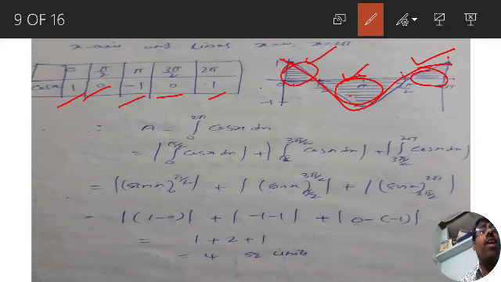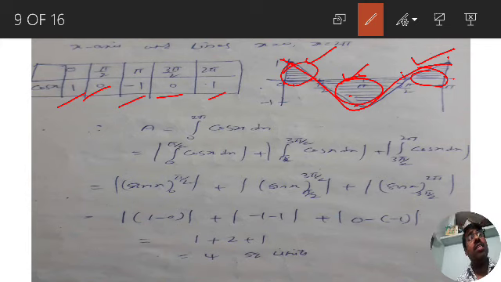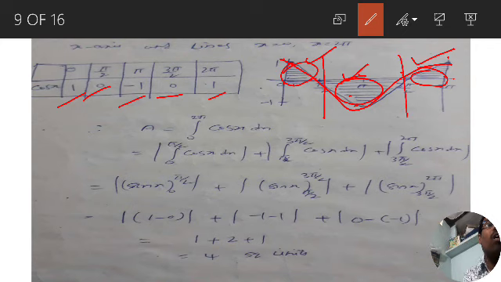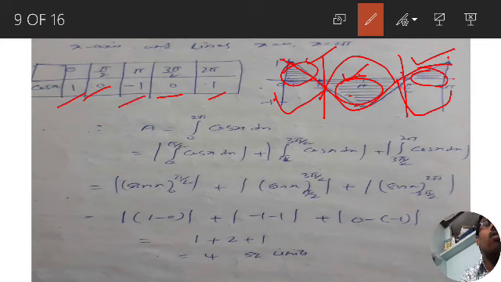That's why whenever it crosses the x-axis, you have to take the integration only up to that point, and you have to take the modulus. So you have to divide into 3 intervals. What are those? 0 to pi by 2, pi by 2 to 3 pi by 2, and 3 pi by 2 to 2 pi. Are you getting, guys?